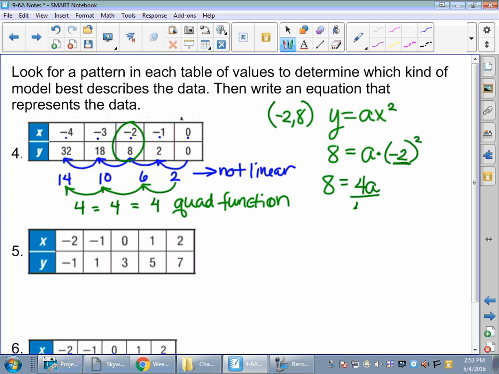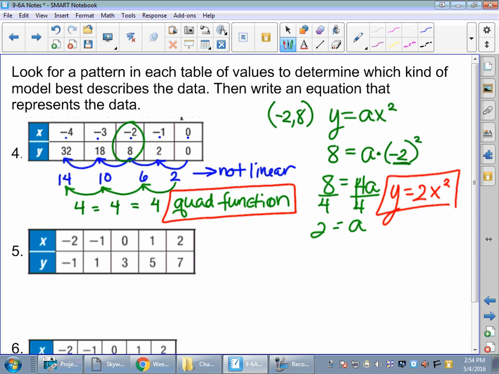Divide by 4, divide by 4, a is equal to 2. I'm not finished. Now I'm just going to plug that a value into the equation, and so I end up with my equation y equals 2x squared. So I said that it was a quadratic, and then I actually found my quadratic equation.